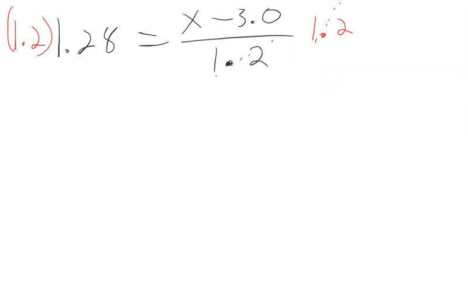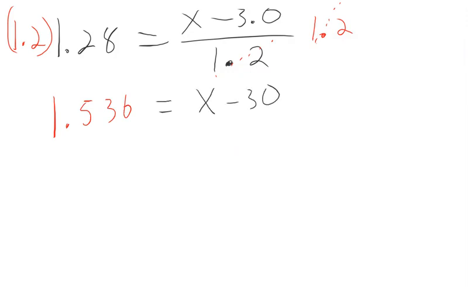So if we do it in steps, 1.2 times 1.28 gives me a 1.536. Then that 1.2 on the other side is gone, so I have just an X minus 3.0.